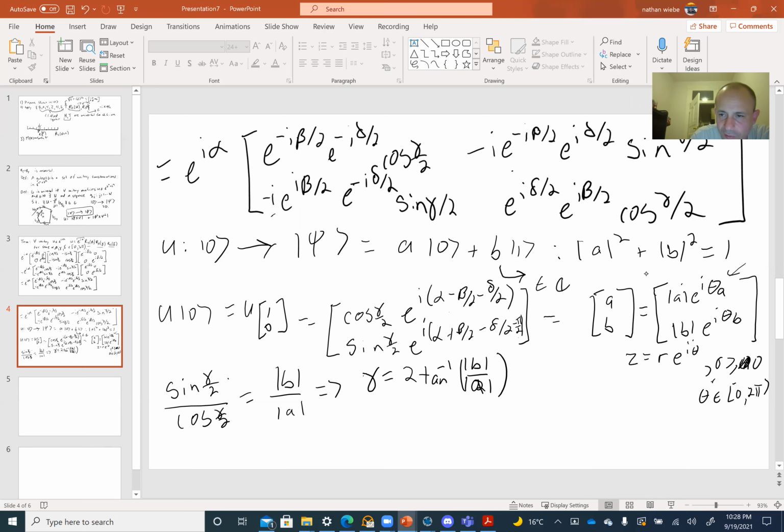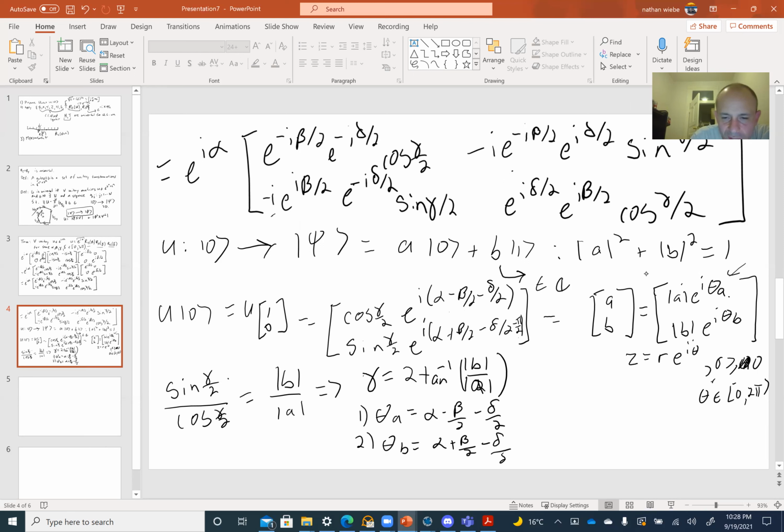So matching the phases here and here, we get two equations. The first is that theta A is equal to alpha minus beta over 2 minus delta over 2. And the second equation comes from here: theta B is equal to alpha plus beta over 2 minus delta over 2.